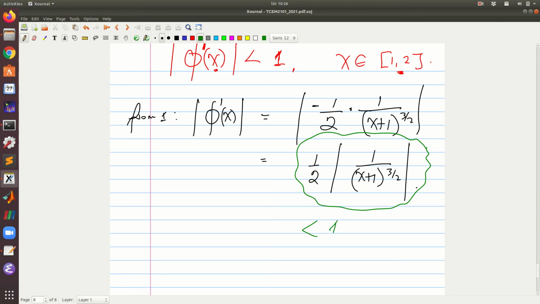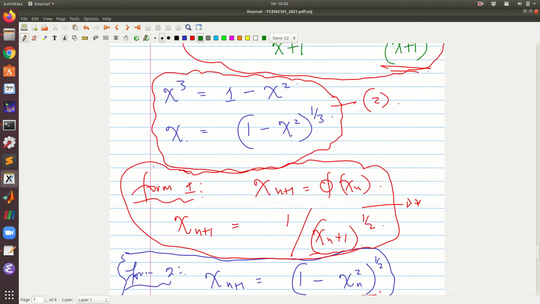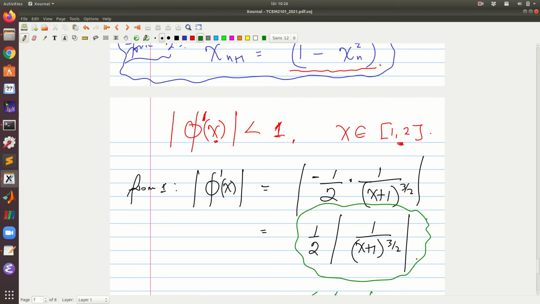less than 1 for all values of x taken from 1 and 2? Okay, maybe something else: someone would have said, is this continuous, because they told us that this phi of x has to be continuous.